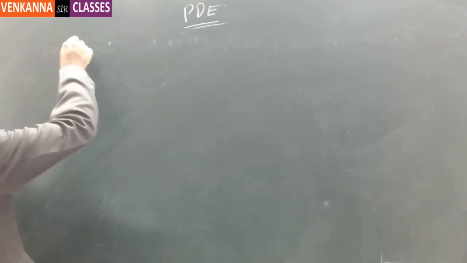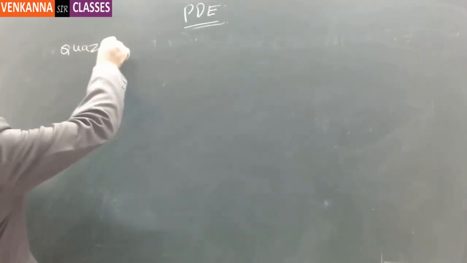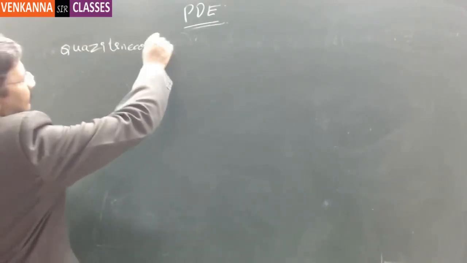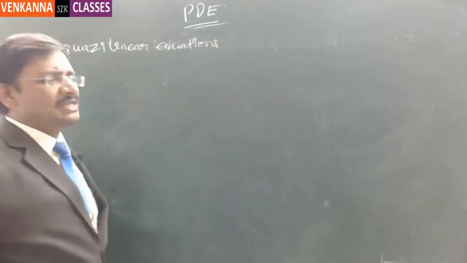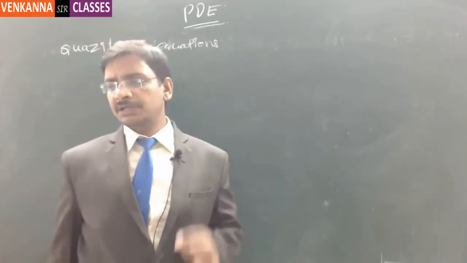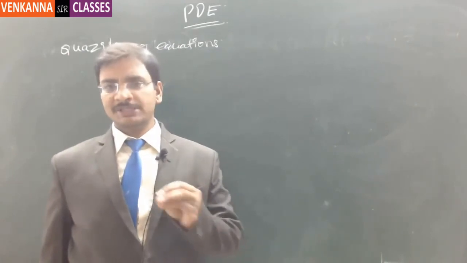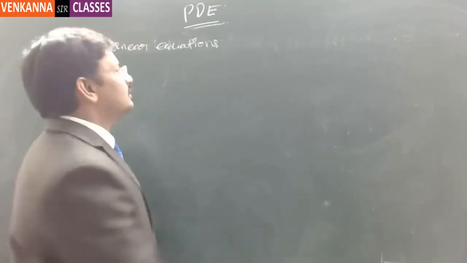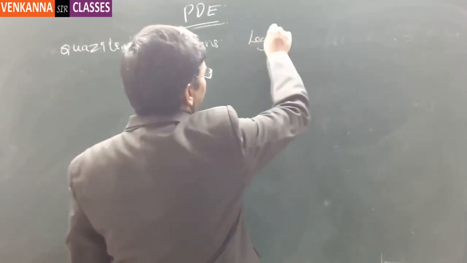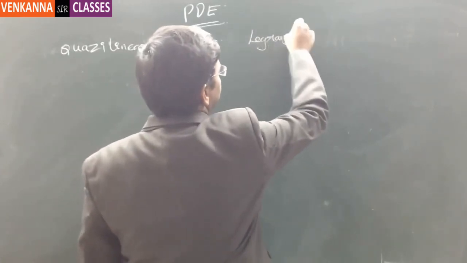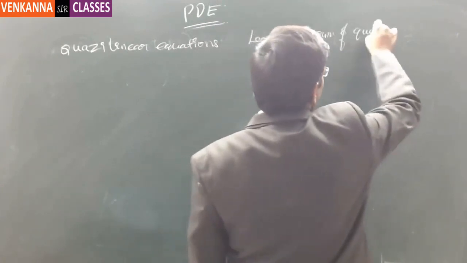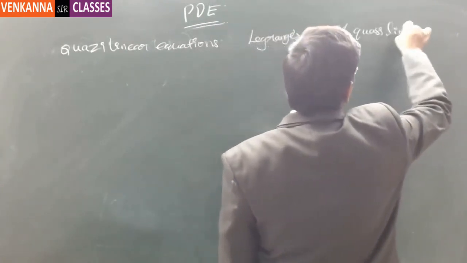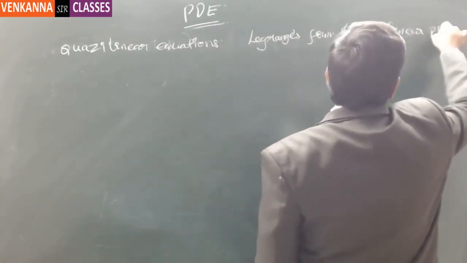Okay. So in case of quasi-linear equations, a quasi-linear equation is nothing but a partial differential equation of a specific format. This is also called Lagrange's form of quasi-linear partial differential equation.